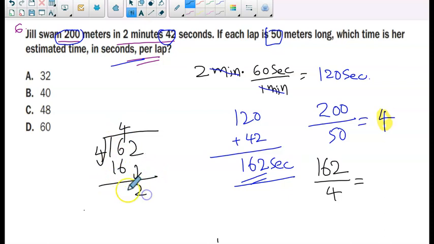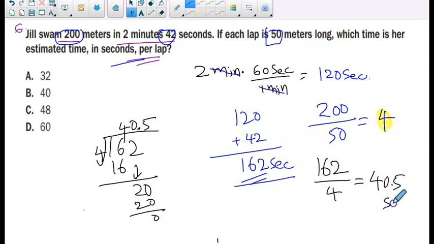Bring down 2. 4 cannot divide 2, so I'll have a 0 with a decimal point. Now I'll bring a 0. So 4 can divide it. How many times? 5 times. 4 times 5, 20.